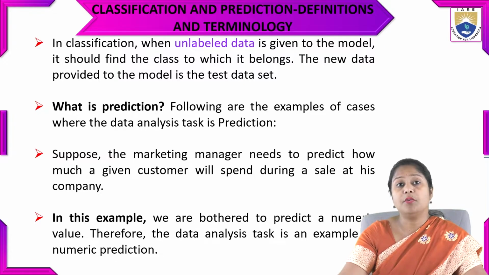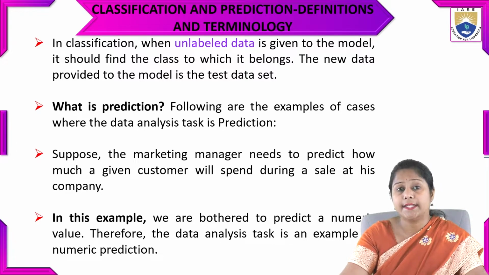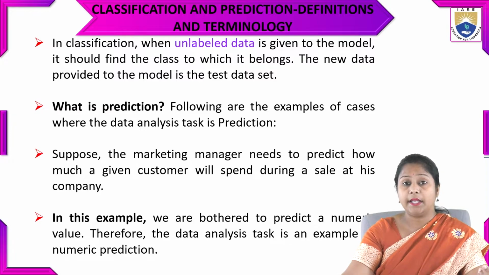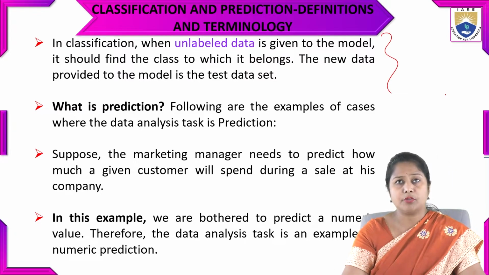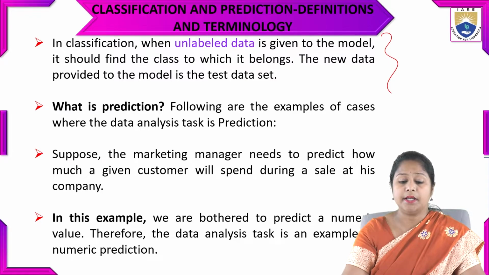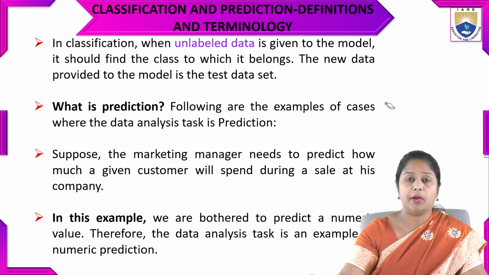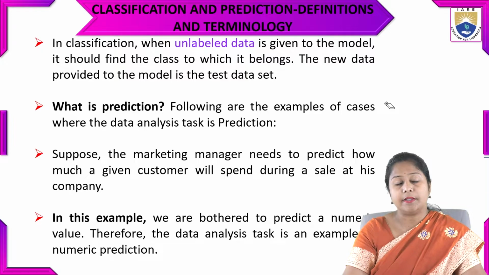Now, when we look at the future trend or pattern of the data, that will be unlabeled, meaning we don't know which class the record will go to. So we give it to the derived model, which should find the class to which it belongs. That is the process of how it classifies.